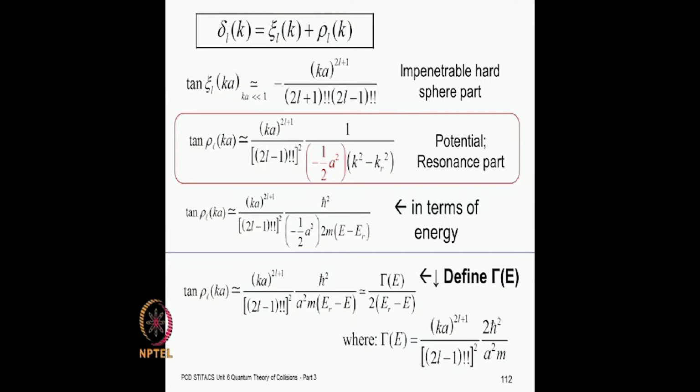In fact, it will contain the width of the resonance, and this is the definition of gamma: gamma is such a function that if you divide it by 2 times ER minus E, ER being the resonance energy, you get the tangent of rho. So, the tangent of rho we have obtained independently, which is given by this middle expression here. This has been obtained explicitly, and if we write this as a ratio of gamma over 2 divided by ER minus E, then that gives us the definition of gamma.